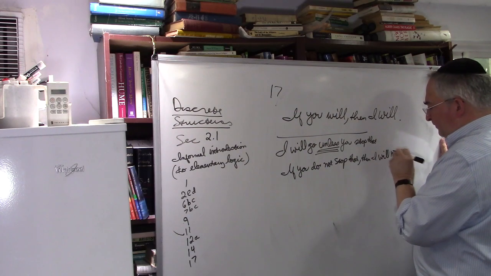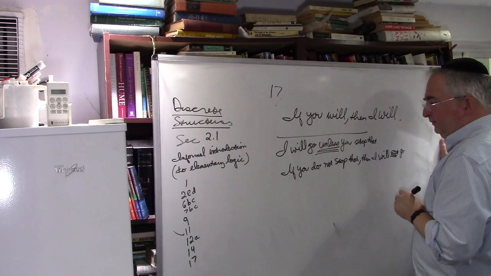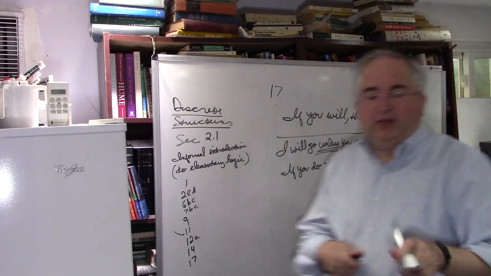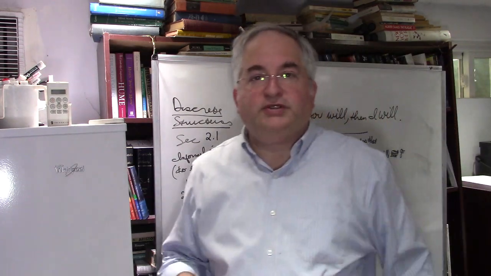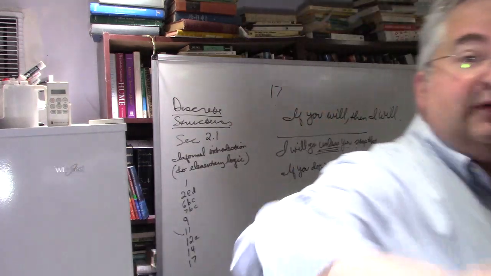No, I will go. If you do not stop that, then I will go. Okay, I'm not sure about this one. Fine. Anyways, that's the homework for section 2.1. Have a wonderful day. Take care. This was easy.